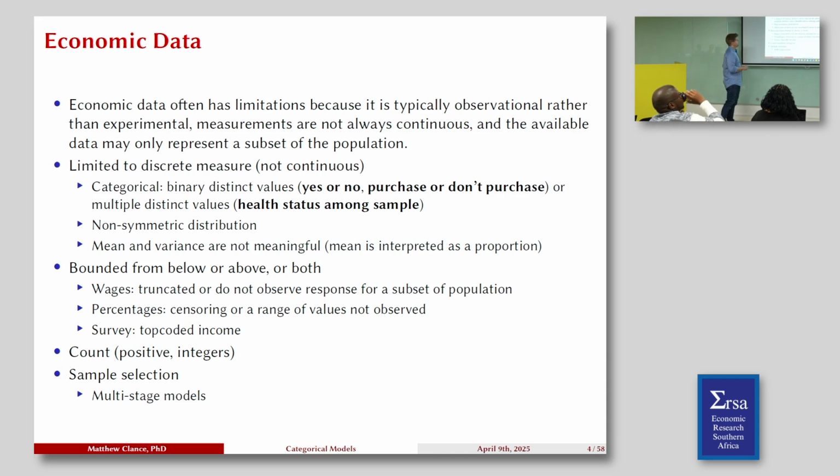So we have the categorical, binary, distinct value. We've already said that sort of with the LPM, but in here we'll be rehashing that a little bit. So these are yes, no, purchase or don't purchase. Sometimes in some surveys, we care about health status among the sample. Really bad, good health, really good health.